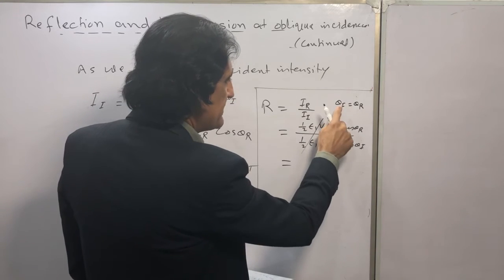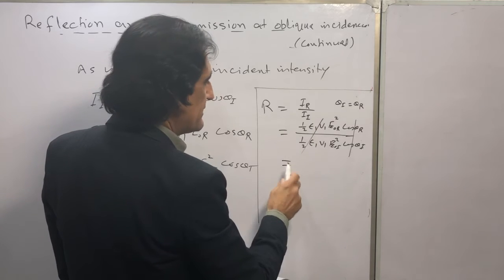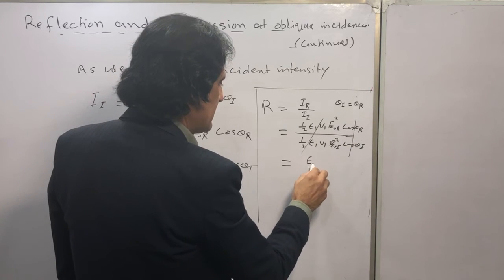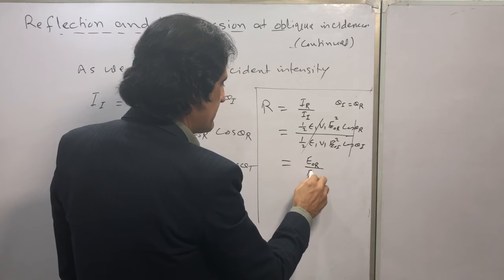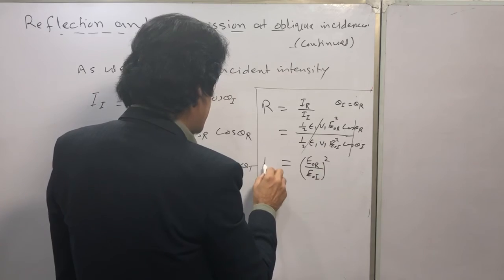If these angles are equal, then this also must be cancelled out, and we get only E naught R divided by E naught I whole square.